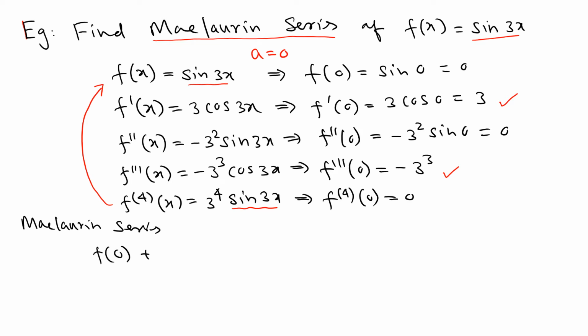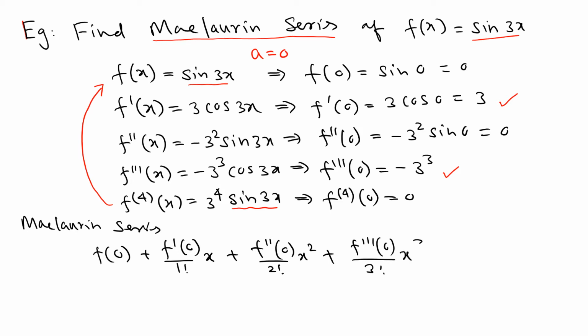It's f(0), and then f prime(0) over factorial 1 times x, and then f double prime(0) over factorial 2 times x squared, f triple prime(0) over factorial 3 times x cubed, like that.